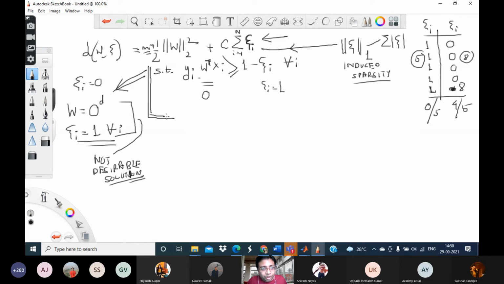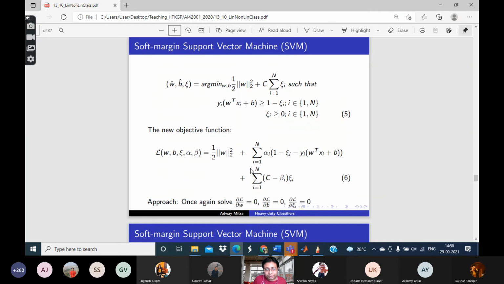Now what do we do? Once again, as in the previous case, we write down the augmented objective function, including the w and the xi's which were already present, plus the Lagrangian multipliers. For lack of time, I am no longer going step by step.